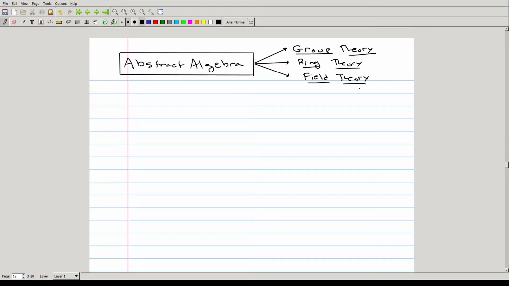And each one of these is a very, very, very large topic in and of itself.